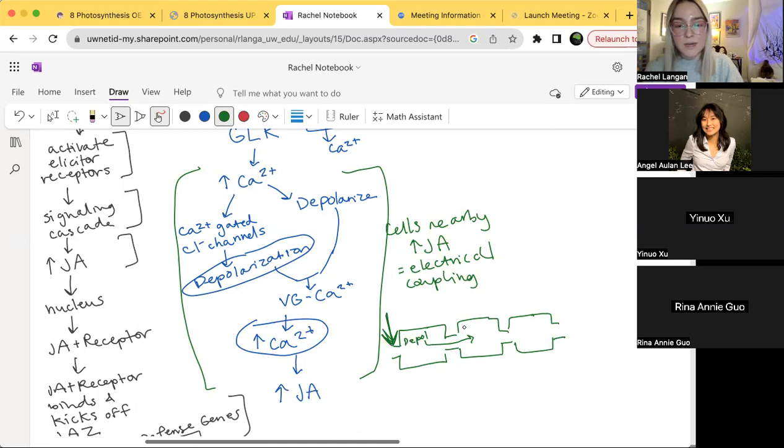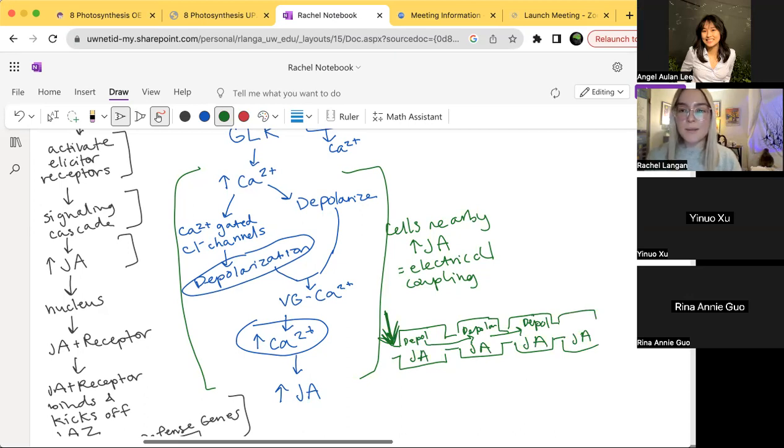So they can actually re-up that depolarization, and they can send that signal to the next cell. And that cell has all those channels and can also do that depolarization, can also increase calcium. And because they can all do that, even though the damage happened here, we can get JA signaling through that electrical signaling happening in cells not directly at the damage site. So that's one way we can get signaling nearby.